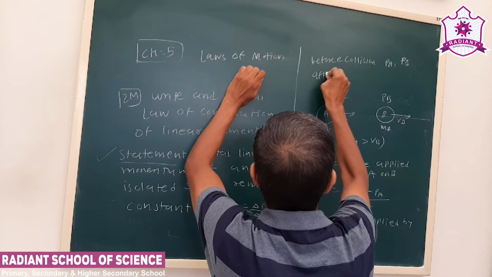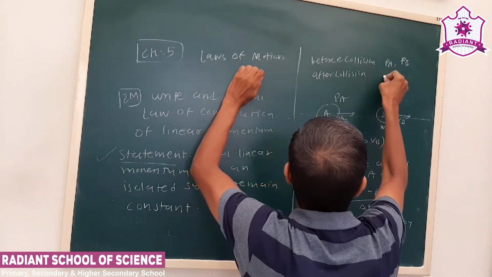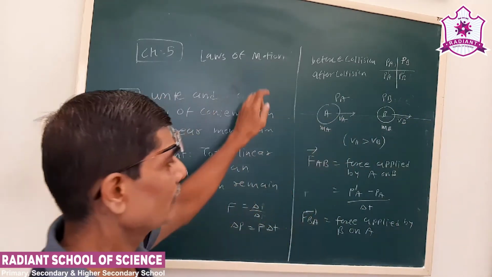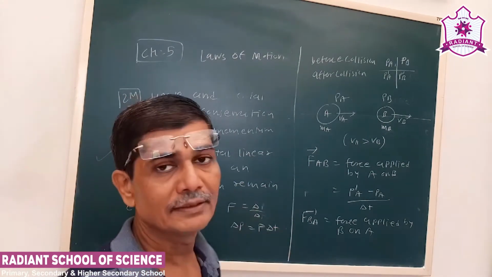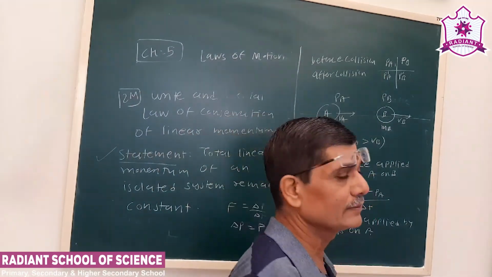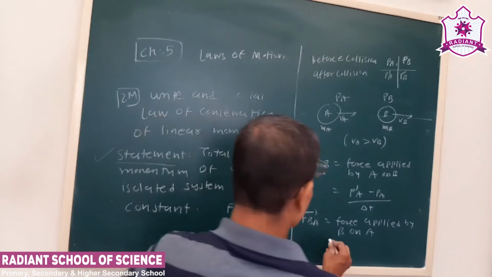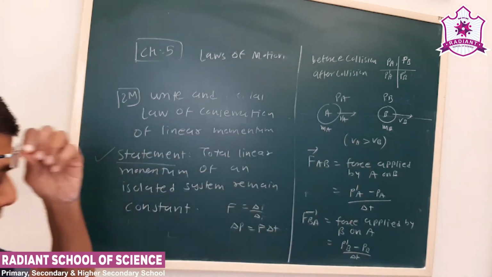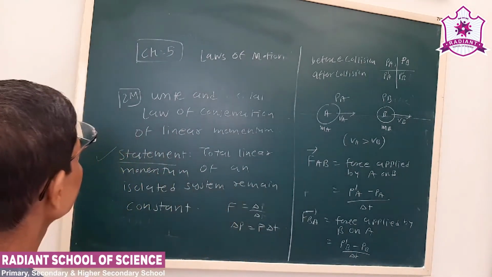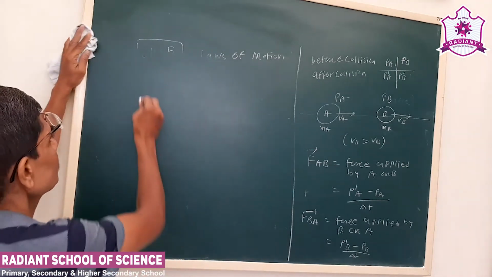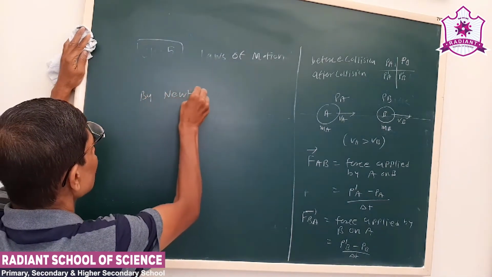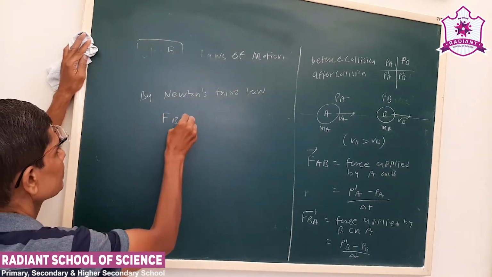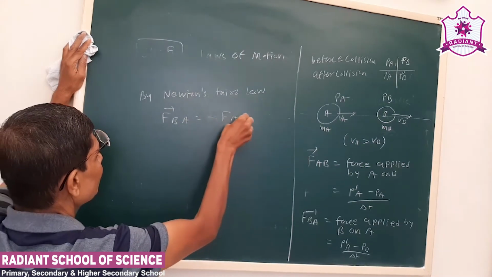After collision, see FAB we have taken as the change in momentum of A upon delta T. FBA will be P dash B minus PB upon delta T. Now, by Newton's third law, FBA is equal to minus FAB.